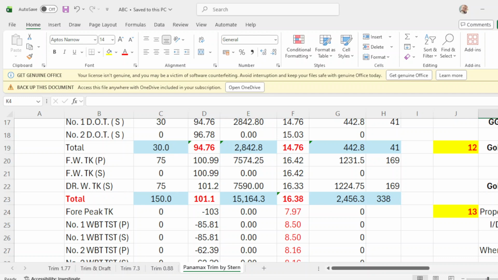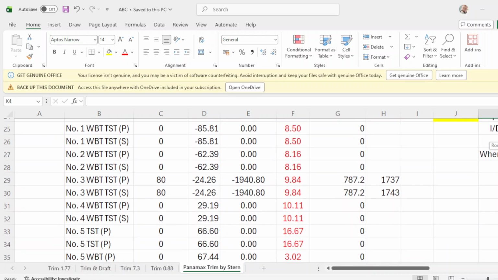Okay, then we go to the ballast. In the ballast, we have ballast in ballast number 3, port and starboard, with 80 tons each. Multiply with your LCG, this will be LCG moment. Weight multiply with your KG, this will be a vertical moment, and this will be your free surface moment.